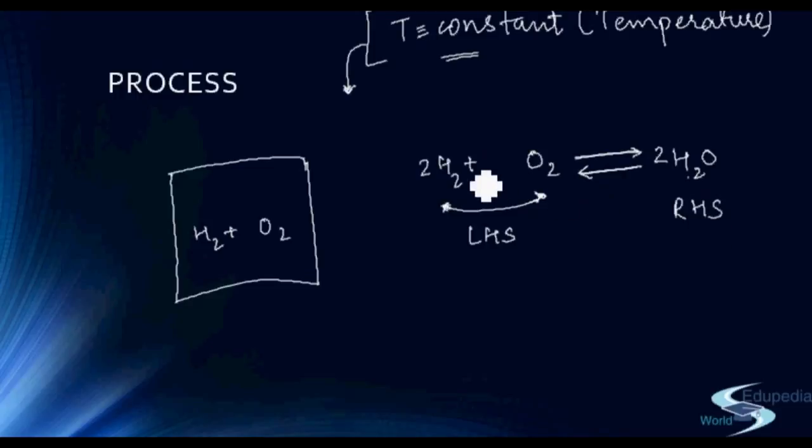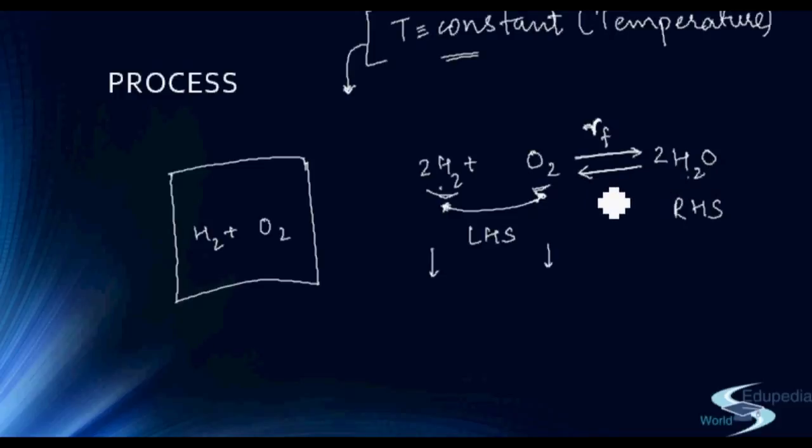With time, the amount of H2 and the amount of O2 will keep on decreasing. This decrease in the concentrations or the amounts of reactants on the left hand side results in a decrease in the rate of the forward direction, that is, the speed with which they are getting consumed also decreases if their amounts decrease. Similarly, on the right hand side, initially there was no H2O. That means there was no backward reaction.